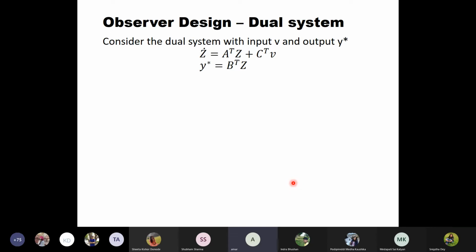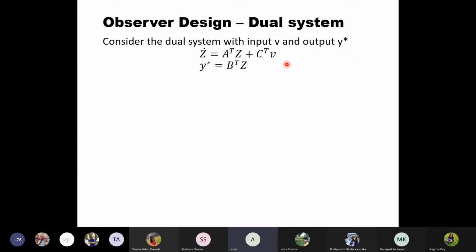The dual system to that primary system can be written as z dot is equal to A transpose z plus C transpose v and y star is equal to B transpose z, where for the dual system z is the state, v is the input, and the output is y star.